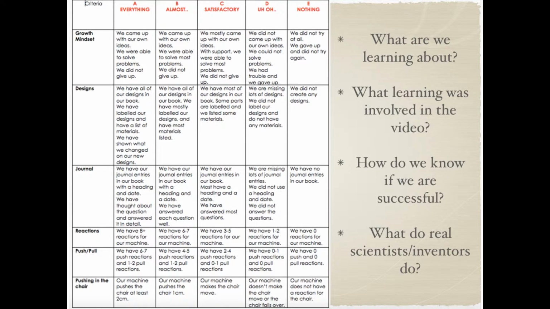So we created, as a class, a rubric, and the kids came up with all these areas: we need designs that show our thinking, and we need to change our designs, and we need to show what materials we need. They came up with the idea that we need a different number of reactions. It's going to be really boring and simple if we have 2 reactions, so how can we make it challenging and extend ourselves?